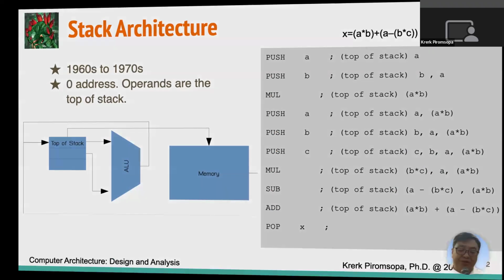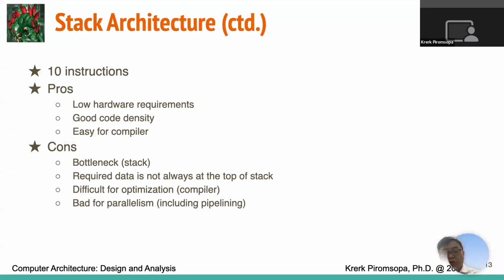Okay, never mind. But still, the downside is we have a bottleneck, which is the stack. If we got two adders, that doesn't help because we rely on the same stack. So people say, we don't like this.